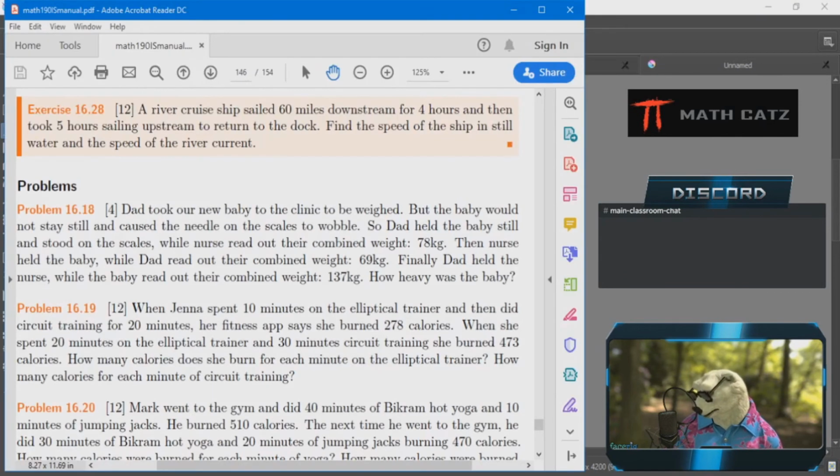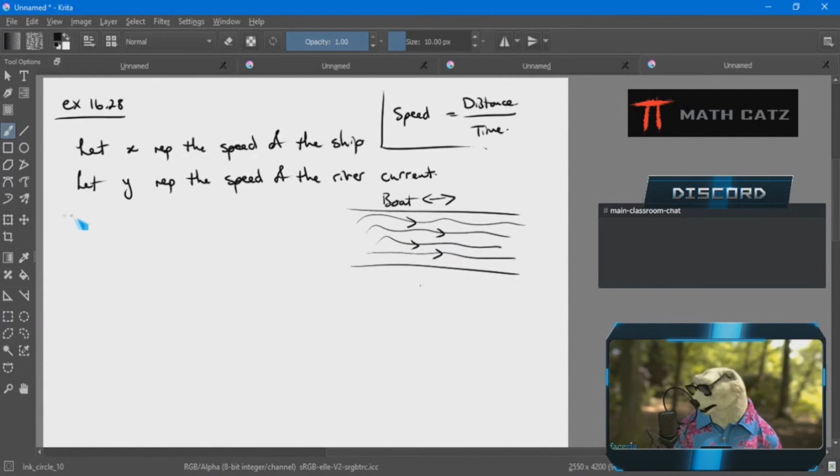However, in both cases, the distance is the same. It's traveling 60 miles one way or the other. One way just takes it longer. The distance didn't change. So again, we are going to compare distance. And just like before, distance is speed times the time.